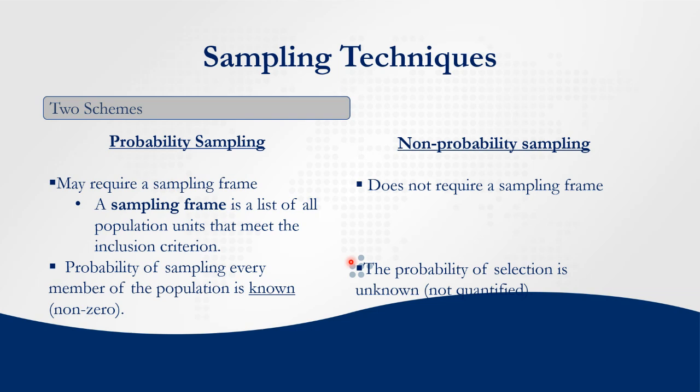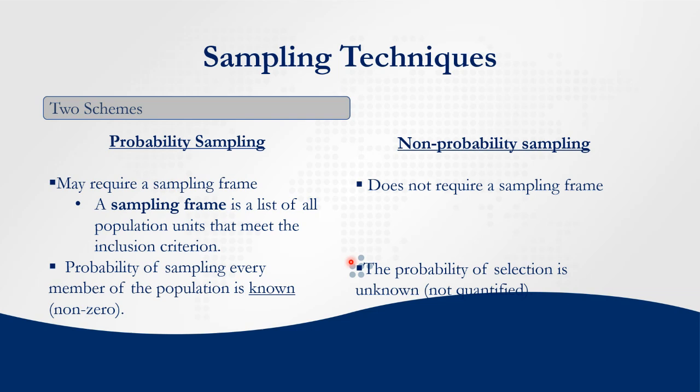So if we go back to our example, if we want to do probability sampling for our university student study, it means we must get a list from the universities. They must give us a list of the students who meet the criteria, with some attributes that you will also specify, which will assist you with your sampling. So you need a list to be able to do probability sampling.